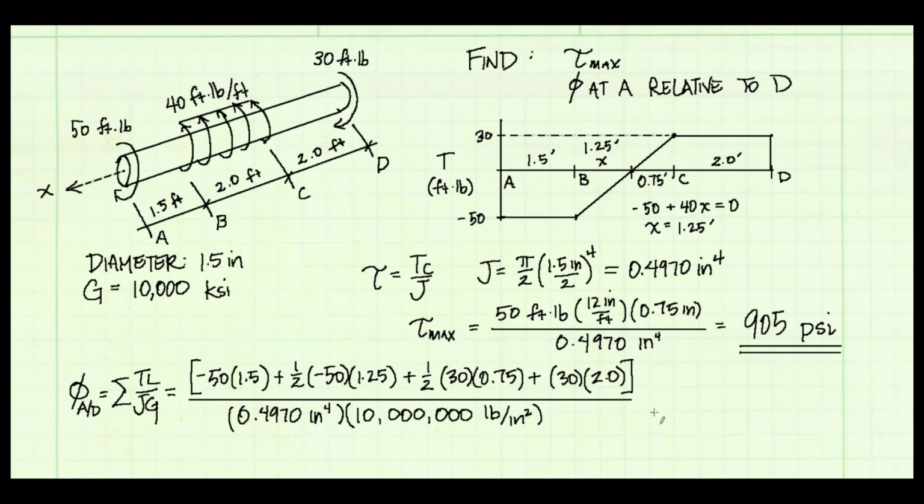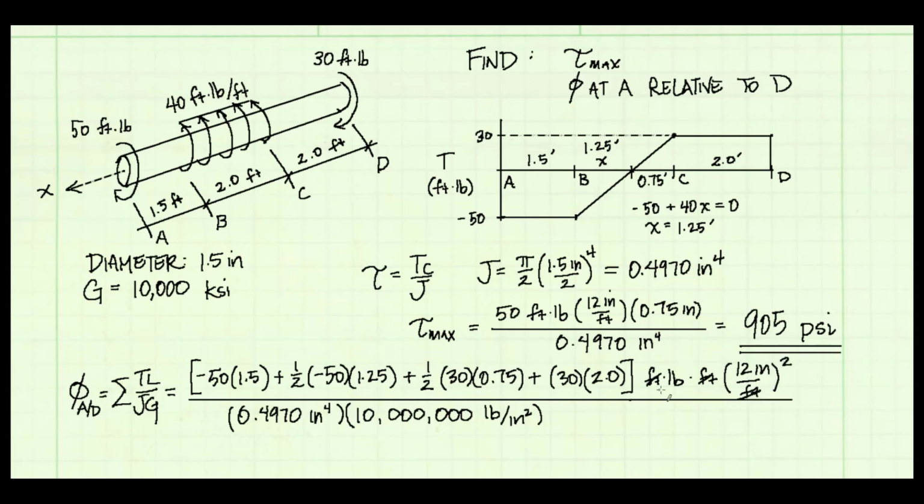So let's work out the units here in the numerator. The units on our torques are foot-pounds, and the units on our lengths are feet. So we've got pound-feet squared on the top. I'll leave pounds as pounds, but I need to convert feet to inches. So I'll multiply by 12 inches per foot, and I will square that.